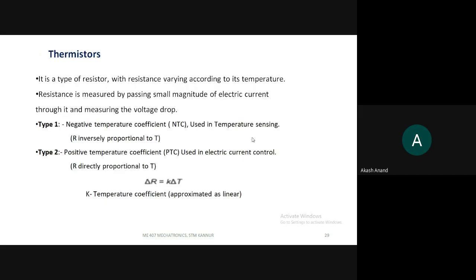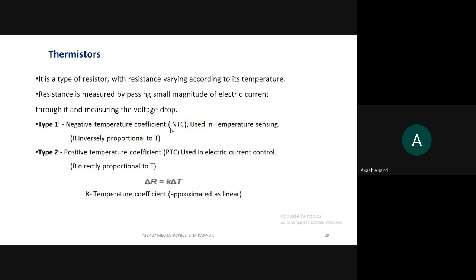Okay, that is the nature of NTC. And the positive temperature coefficient thermistor is used in electric current control, and in that type, the resistance increases when temperature of the system is increased. That is, it is directly proportional.